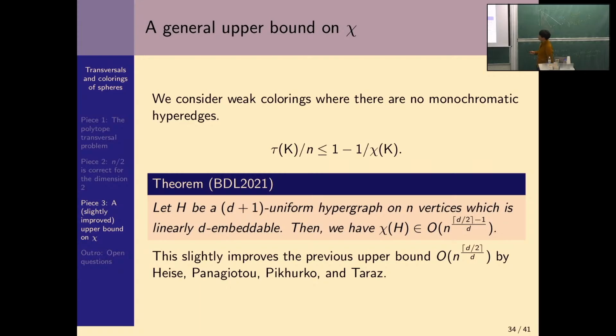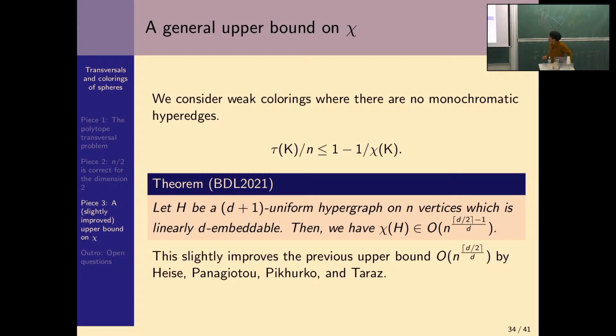There was a previous result by Heise, Panagiotou, Pikhurko, and Taraz, which obtains the upper bound of this size for the so-called linearly de-embeddable classes of the simplicial complexes of the d plus 1 uniform condition. But we could improve that slightly in the exponent in here. So this was the result.